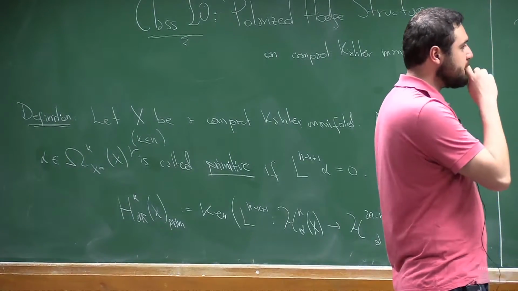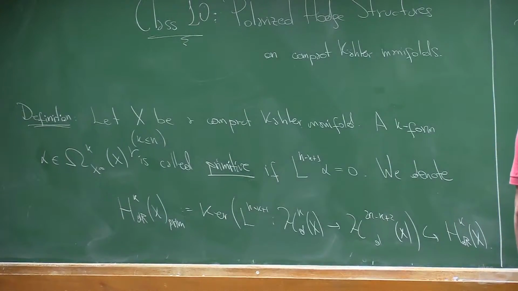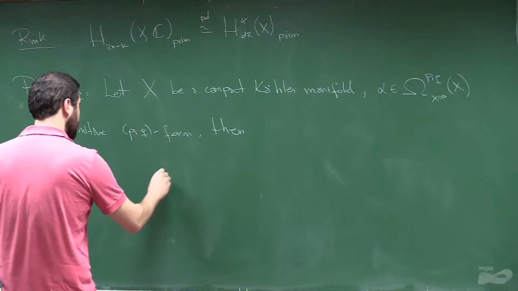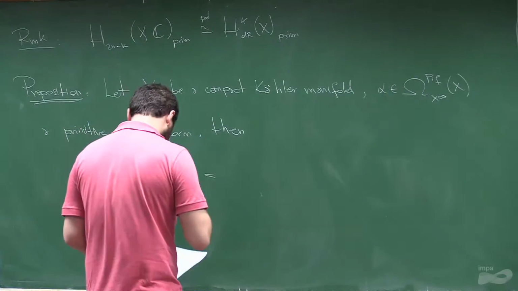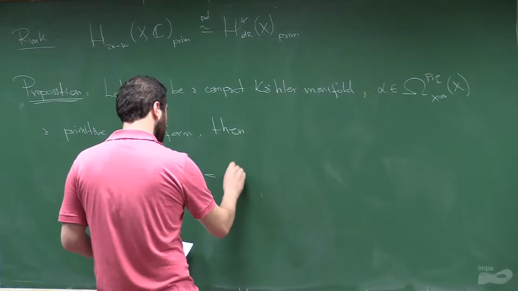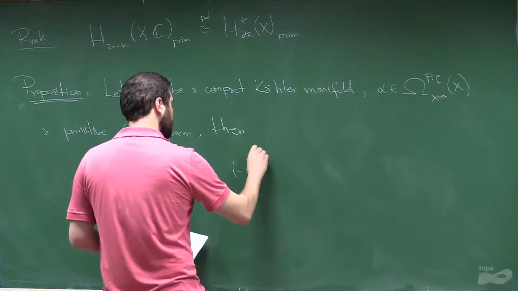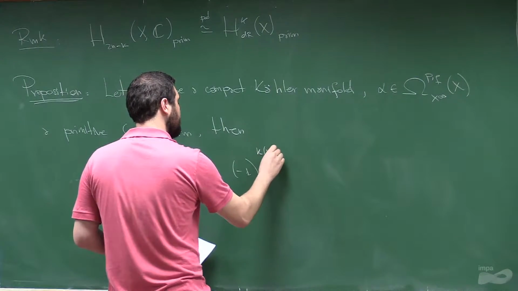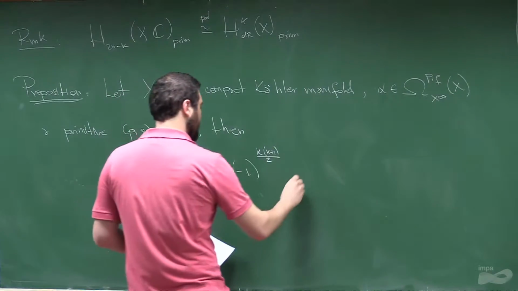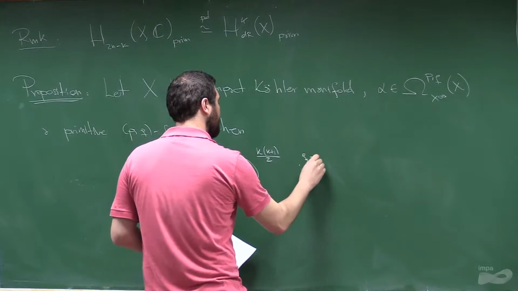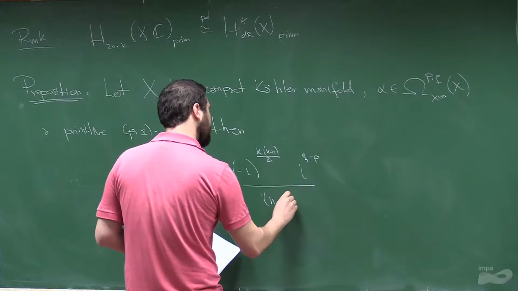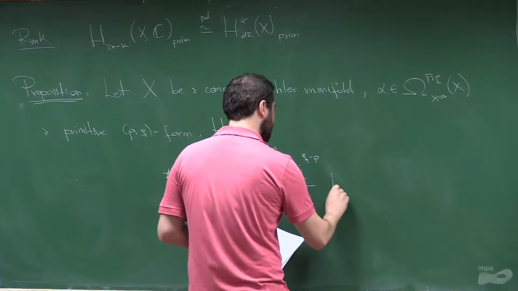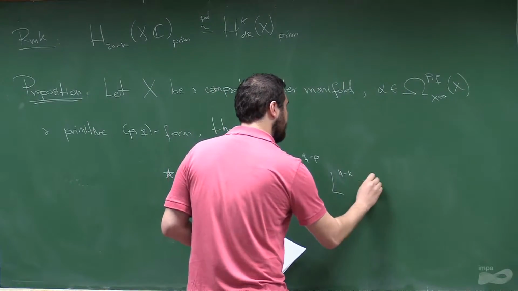Then we have the following relation. We can compute the star of alpha, and it will be equal to the following thing: -1 to the k times k plus 1 over 2, i to the q minus p over n minus k factorial, the Lefschetz operator to the n minus k applied to alpha bar.